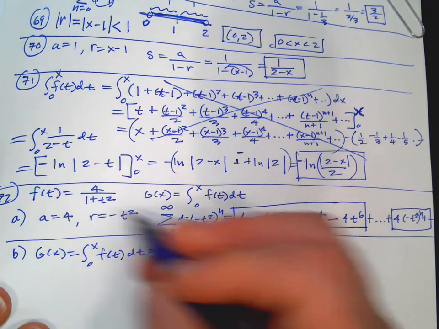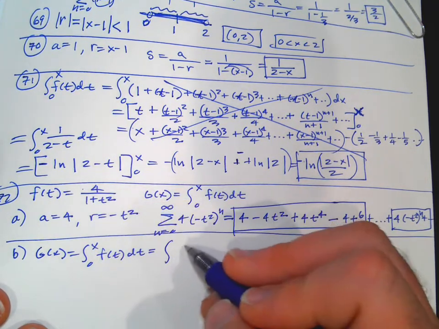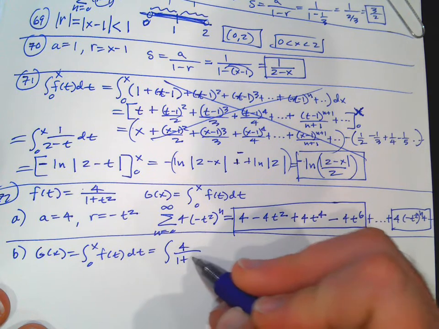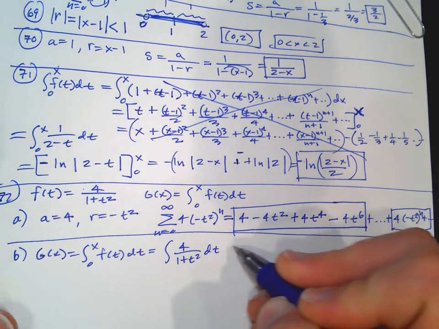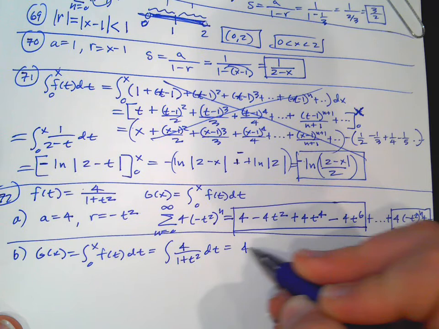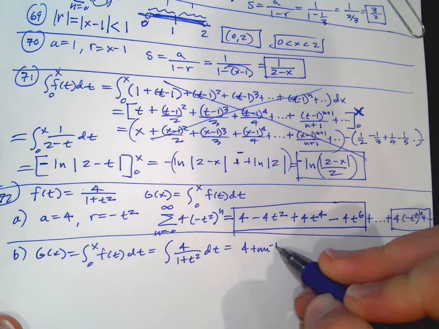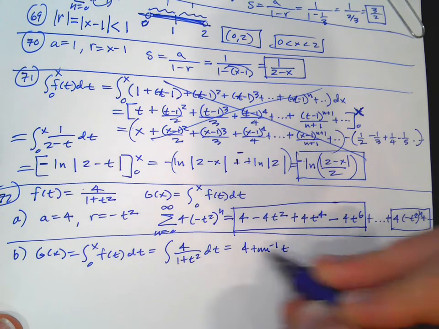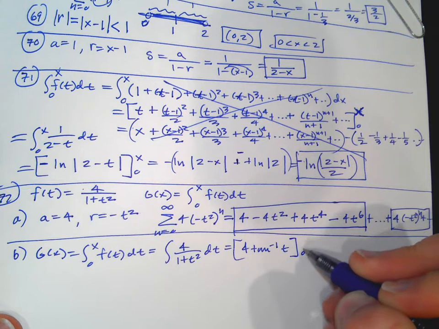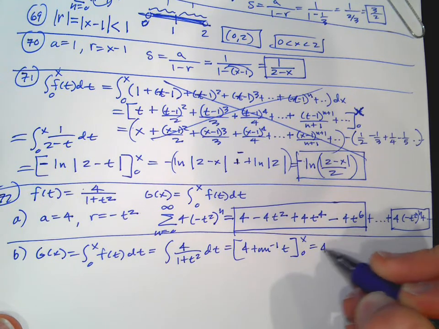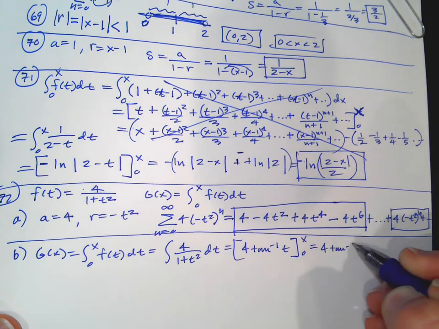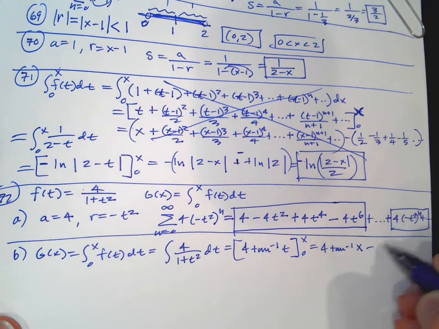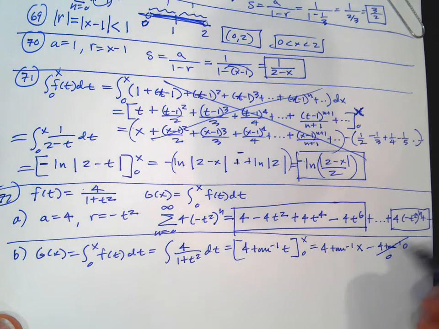We could say, okay, well, let's integrate this guy, 4 over 1 plus t squared dt. That's going to be 4 inverse tangent of t. And then you plug 0 to x in, and you get 4 inverse tangent of x minus 4 inverse tangent of 0, which is 0.